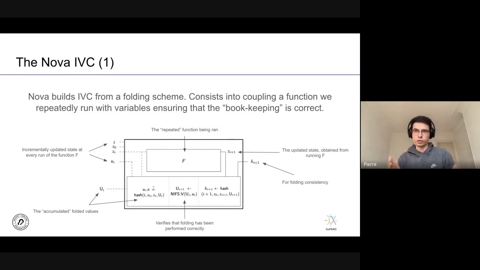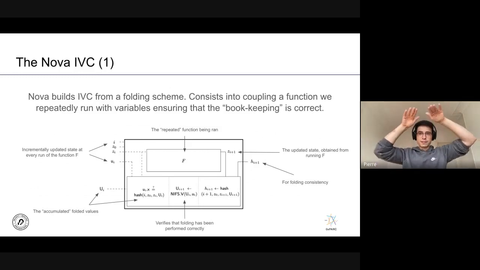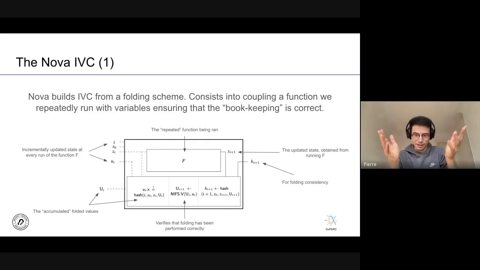This is our original circuit, for instance, a circuit that checks that a signature is correct. This is going to be the main function that is being run within the little Nova car, basically.